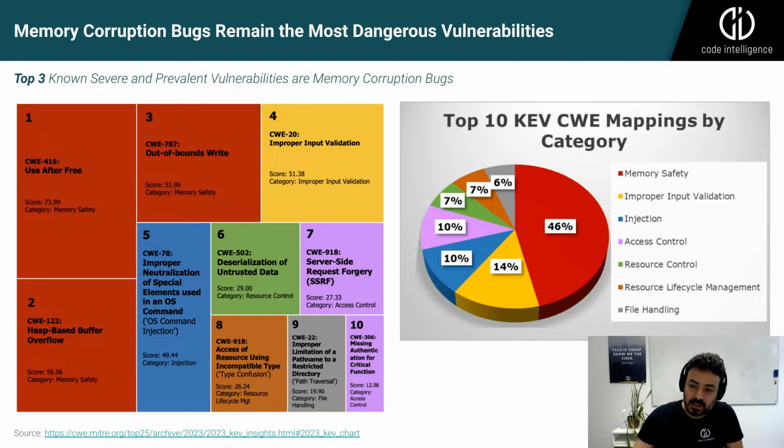They represent almost half of the top 10 critical bugs in 2023, last year. So this shows that these bugs are still very relevant and can have critical consequences.